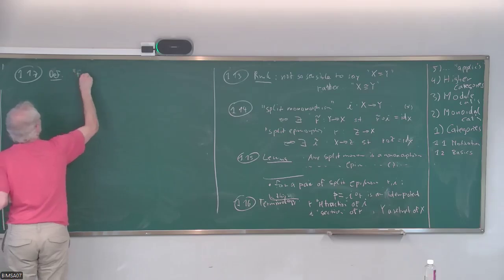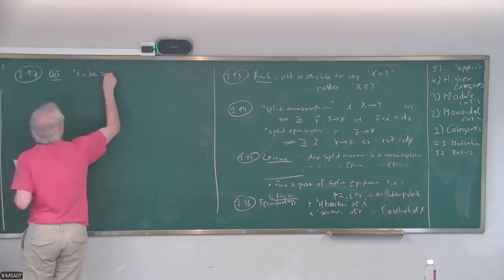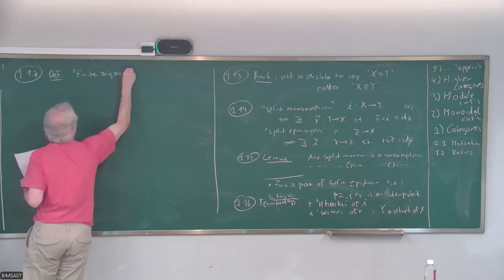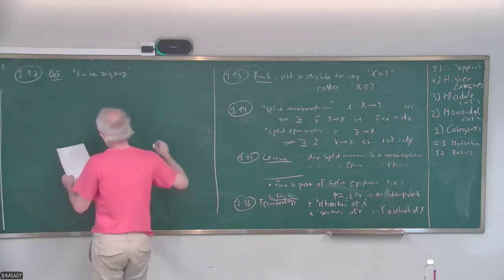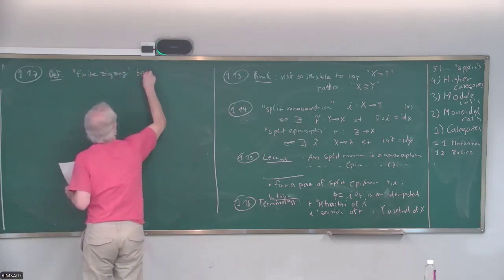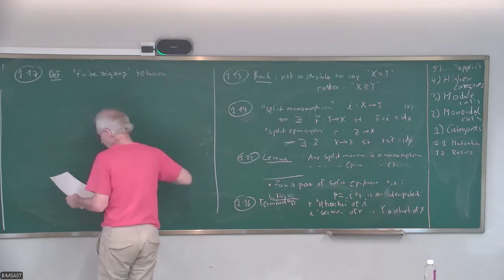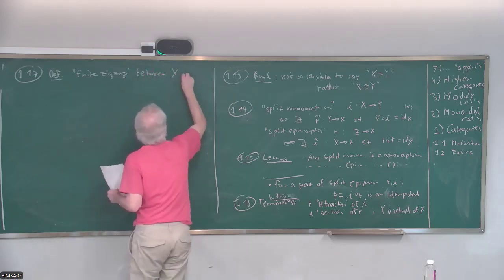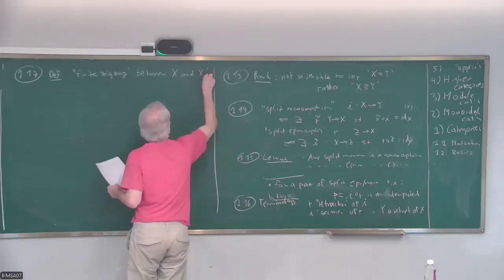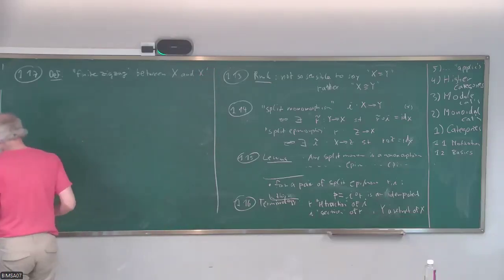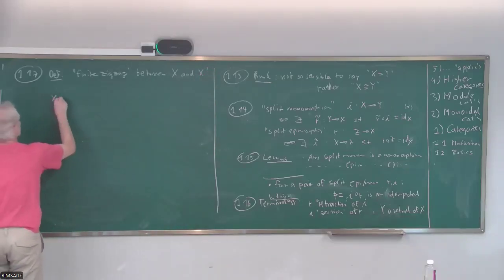We say you have a finite zigzag. I'm not sure whether there are other terms for this. Between two objects, say X and X prime, this is just a collection of morphisms of the following type.